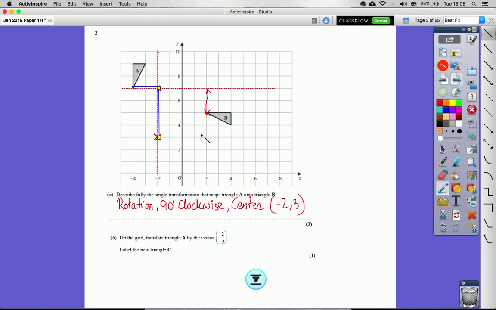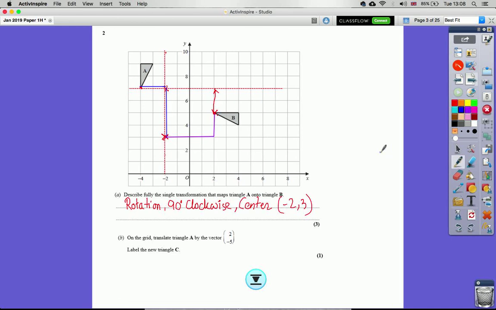If you rotate it, it's going to go right. So the rotation is 90 degree clockwise and center -2 and 3.